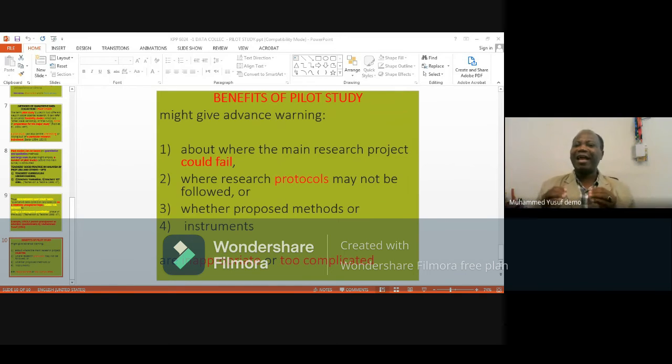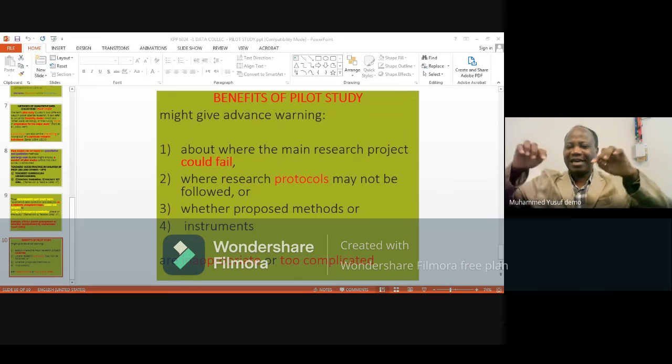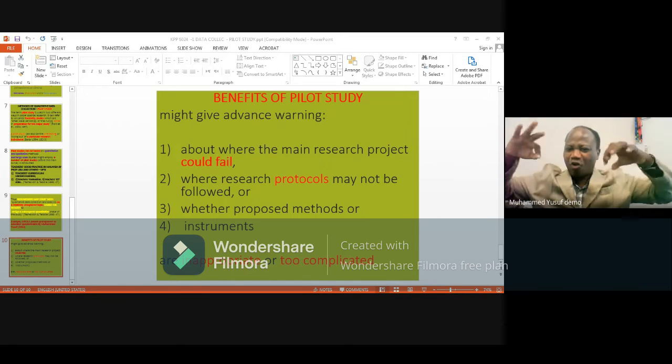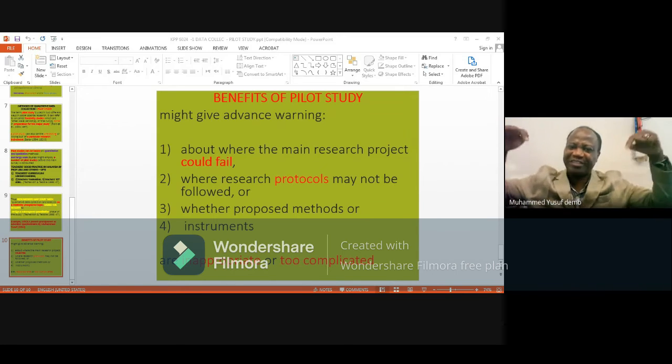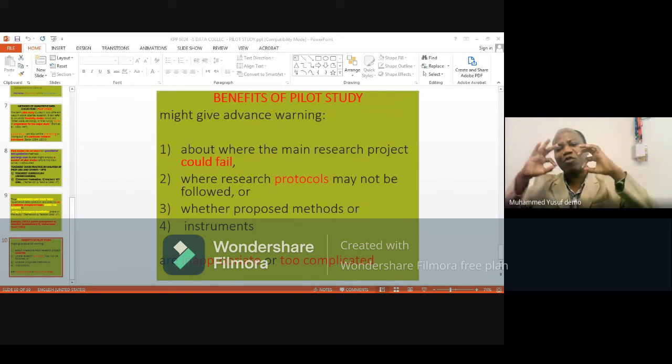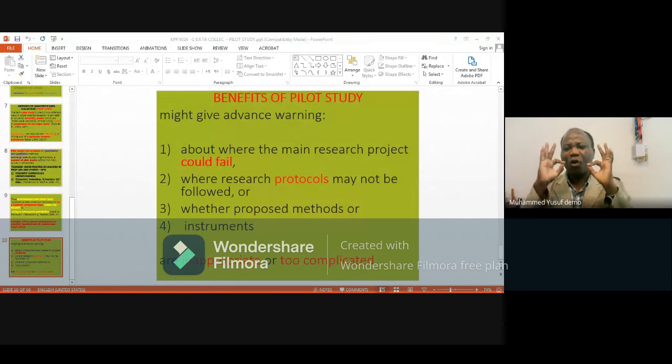Okay, now let me come to the point of the environment, the location of the research. By the time you want to construct your instrument, your interview protocol, you have to think very well about the environment and the category of the people.